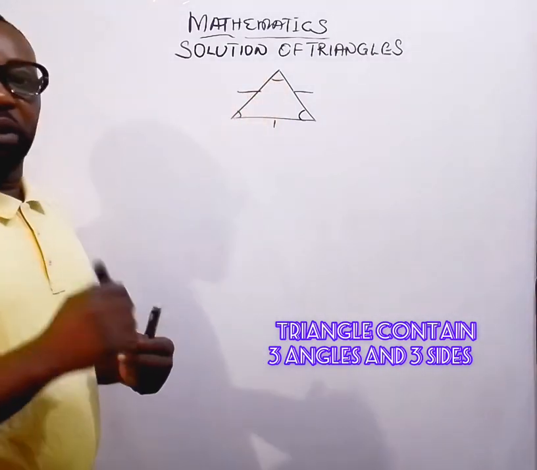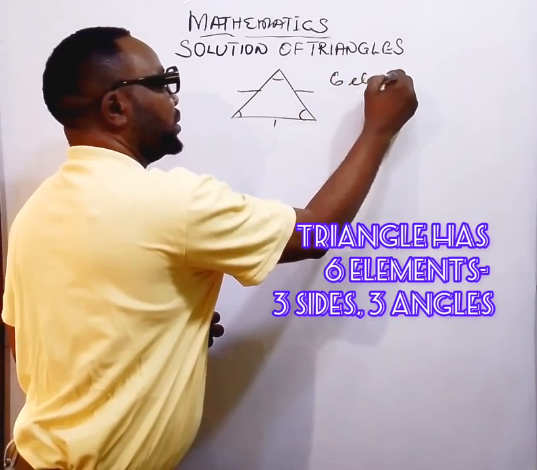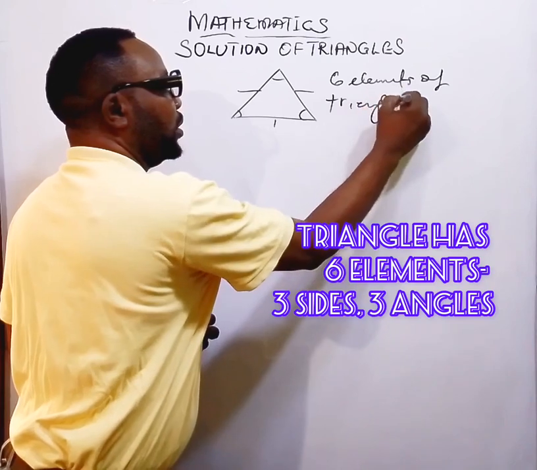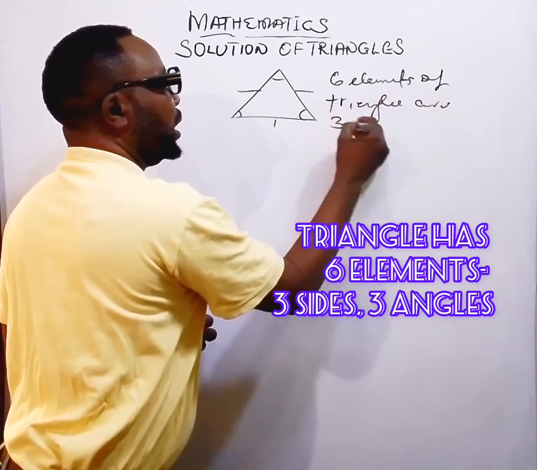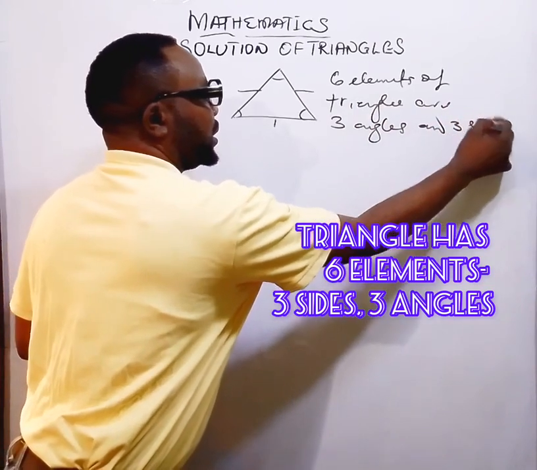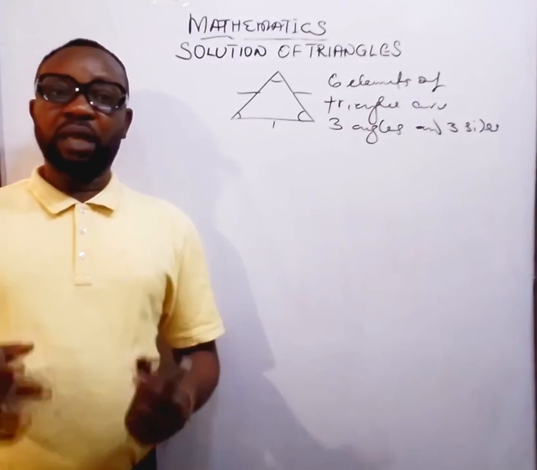In other words, a triangle has 6 elements: 3 angles and 3 sides.